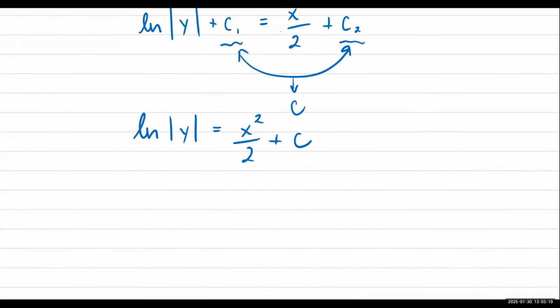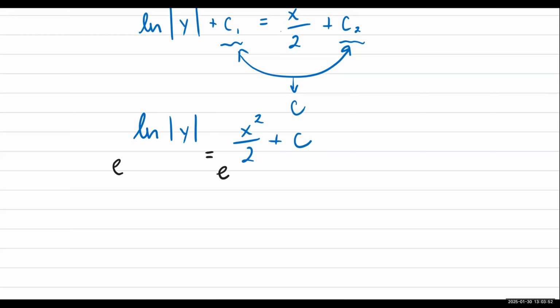Now, I still want to get my function y, so if I want to isolate y here, I can turn this all into an exponential function where e is raised to both sides of the equation. That helps us eliminate the natural log and the absolute value, as a matter of fact, since on the other side, e to any power will always be a positive outcome. So now I have e to the natural log of a value.